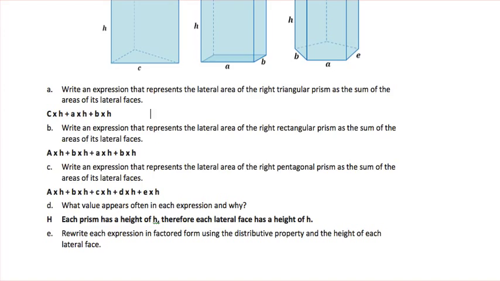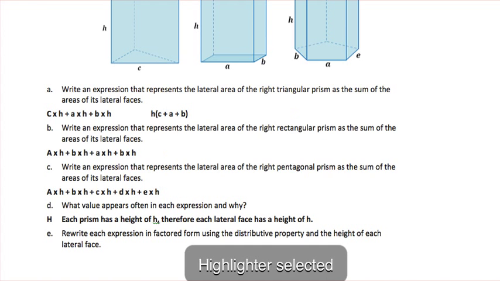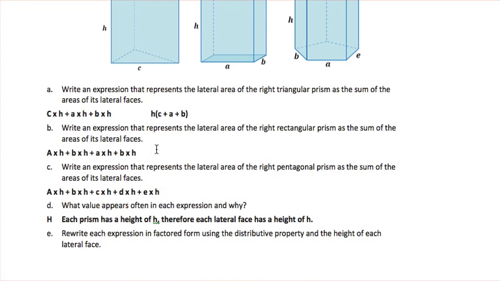So for the right triangular prism, I'd factor out the H, and it would be H times C plus A plus B. And then for the rectangular prism, I would have H times A plus B plus C.